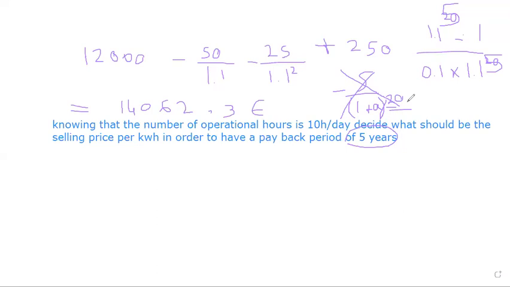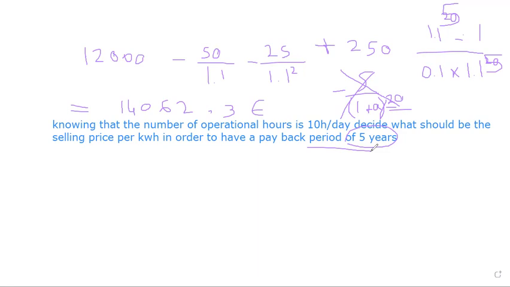And once they ask you to find the net present value for the payback period, you don't have to consider it because you assume that the payback period will be smaller than the lifetime. And here, for example, they told us we want a payback period of 5, so we should calculate NPV at 5. It should be equal to 0. And then because it's NPV at year 5, we don't consider the salvage value.